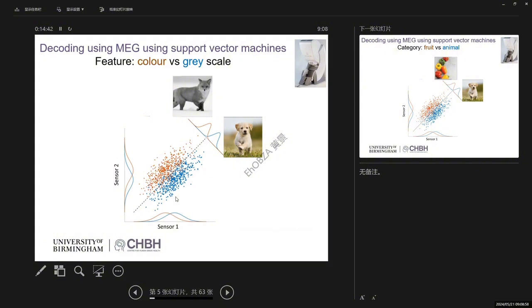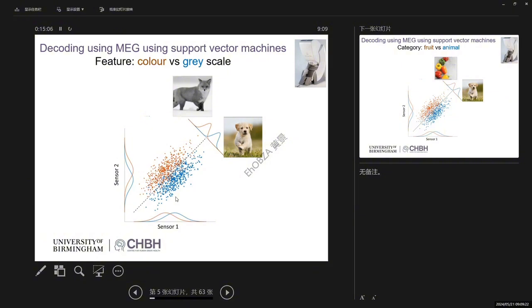So the idea is that we collected data, in this case from 306 sensors at the same time, and then by the brain activity, we ask whether we can predict whether people were looking at a color object or a black and white object, right?